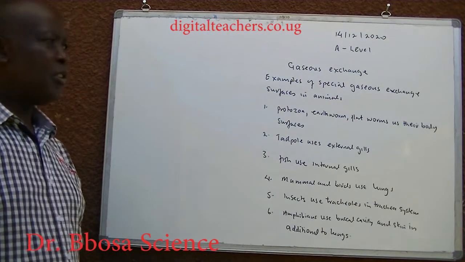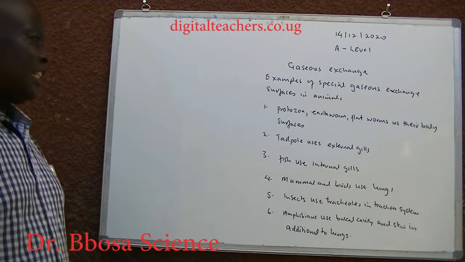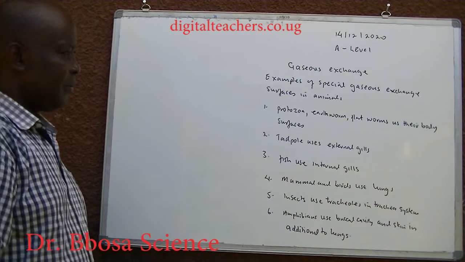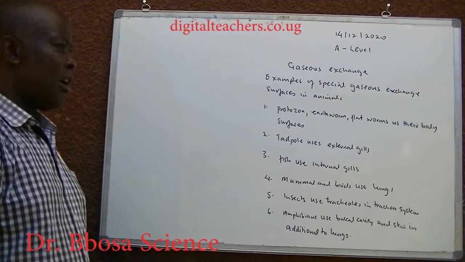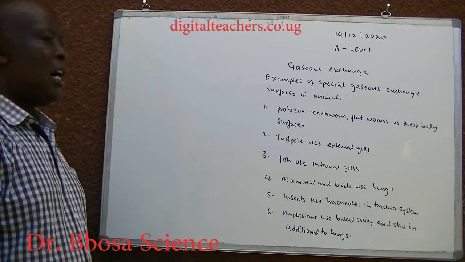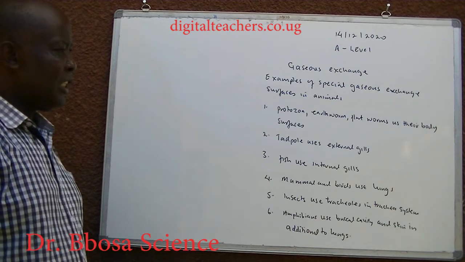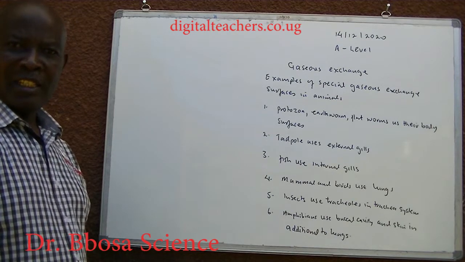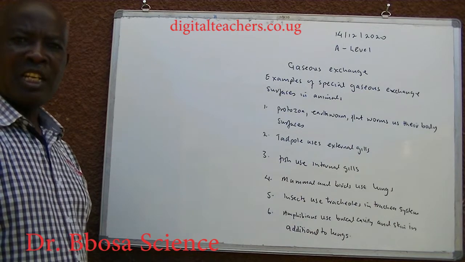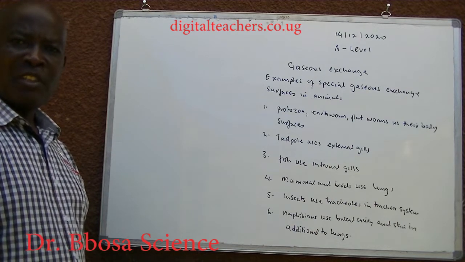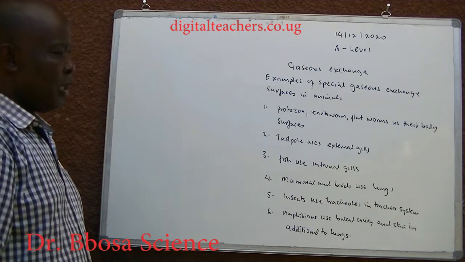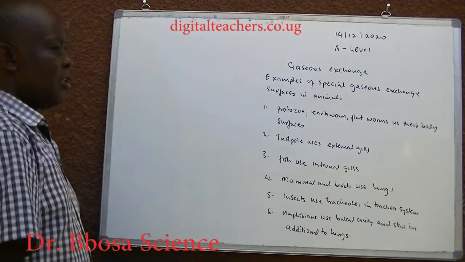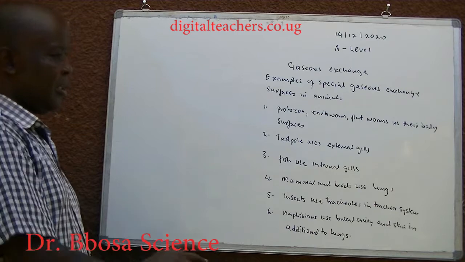Examples of special gaseous exchange surfaces in animals: protozoa, earthworms, flatworms, and small organisms use their body surfaces because these ones have enough surface area to volume ratio. Tadpole uses external gills.